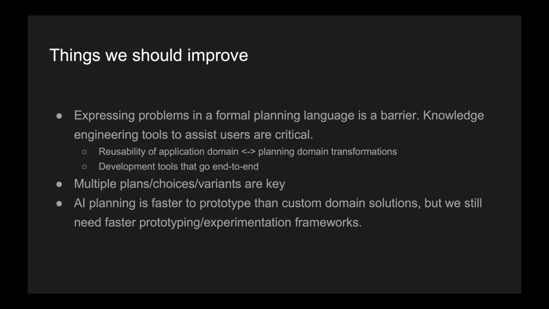And there has been work on that. If I remember correctly, Michael did some work on black box planning where you were expressing your domain as Java classes. So there have been some attempts on that, but some concerted effort in that space would greatly increase the adoption of planning as a tool to solve some of these large search space problems.